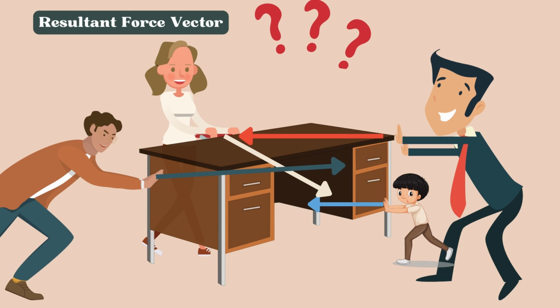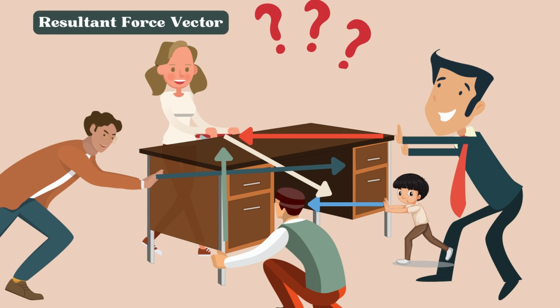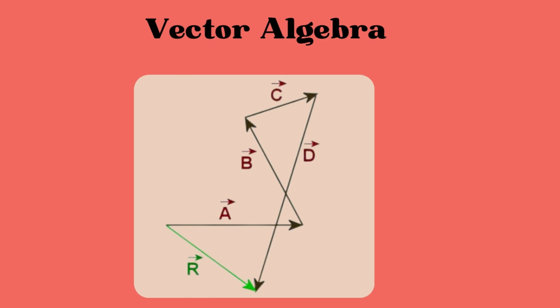You have vectors in two dimensions. Again, you need a rule to add these because it looks like chaos, right? Now, if you have a fifth person trying to lift the table up, now you have vectors in three dimensions. And don't you worry, because you have vector algebra and you can add these vectors. The green vector would be the resultant vector.